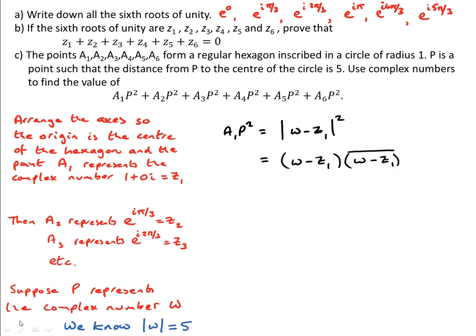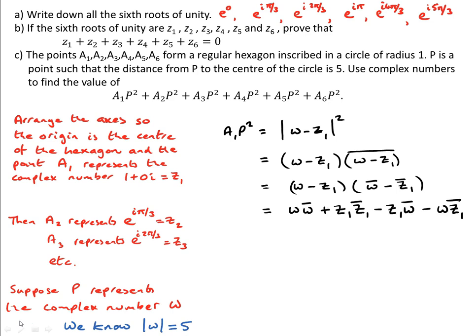Now we know that the modulus of W minus Z1 squared is the same thing as W minus Z1 times the conjugate of W minus Z1, and the conjugate of W minus Z1 is simply the conjugate of W minus the conjugate of Z1. So if we multiply that out, we have W times W bar plus Z1 times Z1 bar minus Z1 W bar minus W Z1 bar.